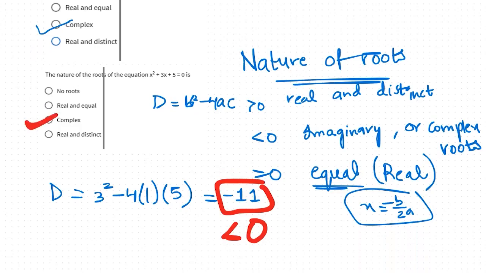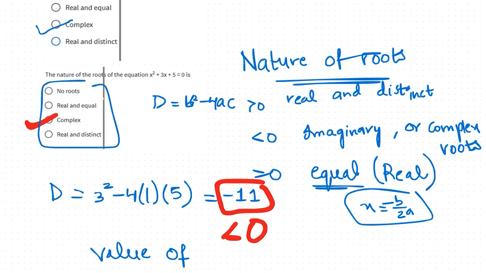No doubt, right? But they have asked for the nature of the roots. Don't we have to find the roots? They are not asking the value of roots. If they ask for the nature of the roots, then we calculate by the formula. You can also look at the options.